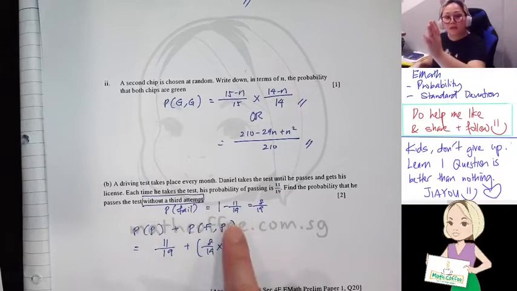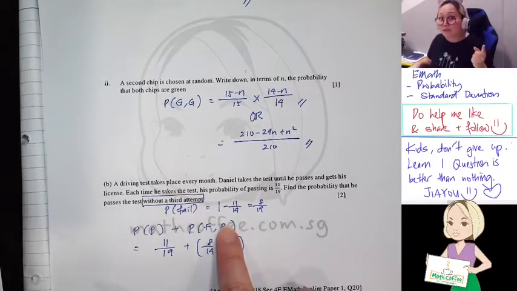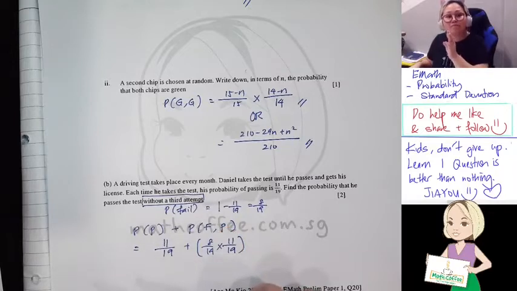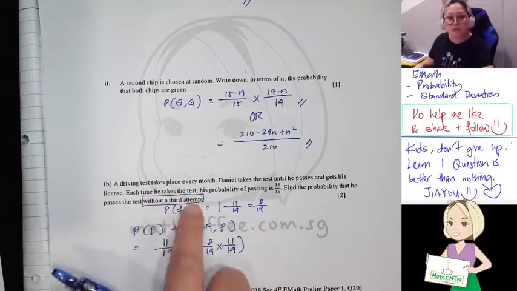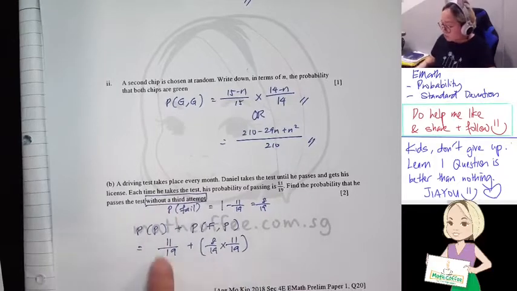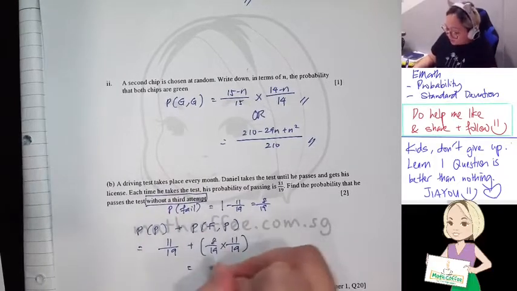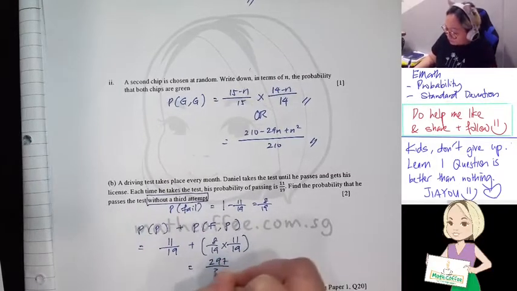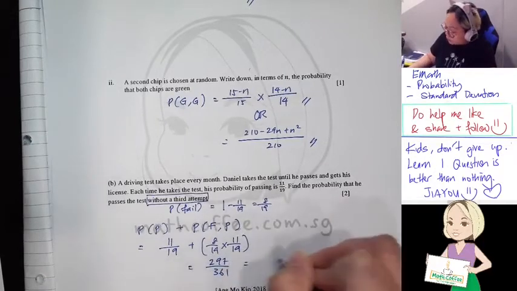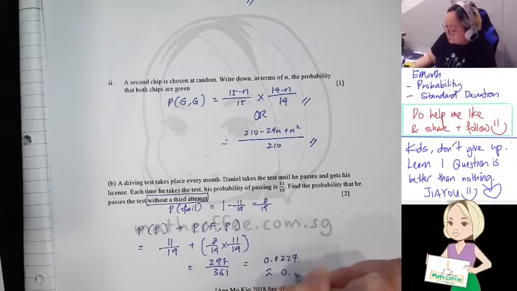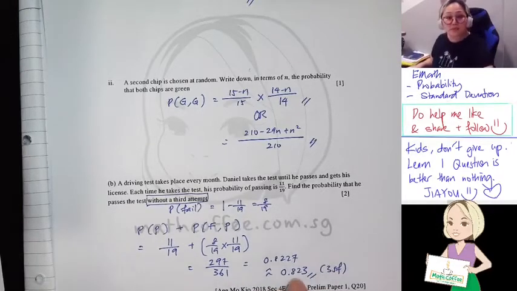Second scenario is fail the first attempt, pass the second attempt. Keyword is without a third attempt. With this, we will get 297 out of 361, which is equal to 0.8227. Round off to 3SF, 0.823. You can either leave it in 3SF or put it in fraction form, also can.